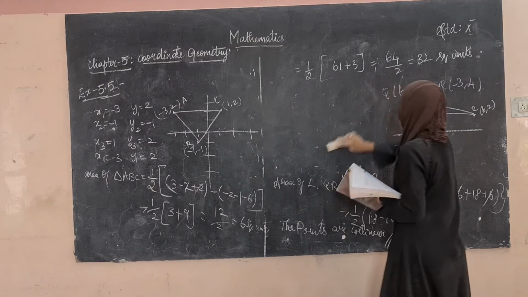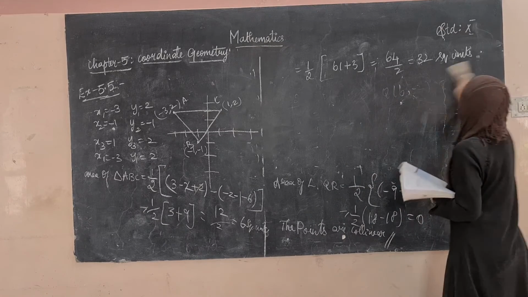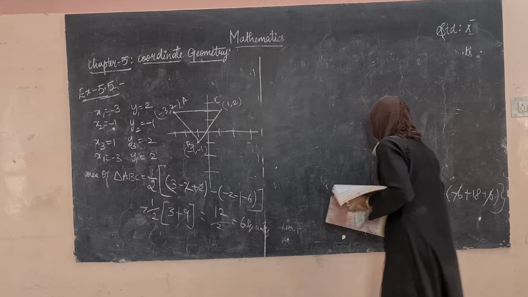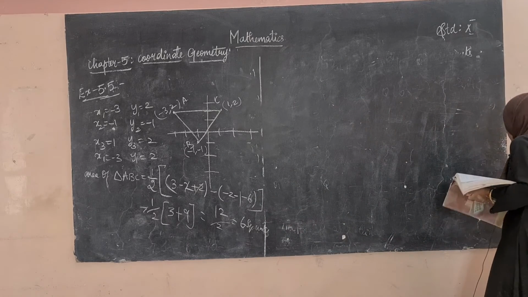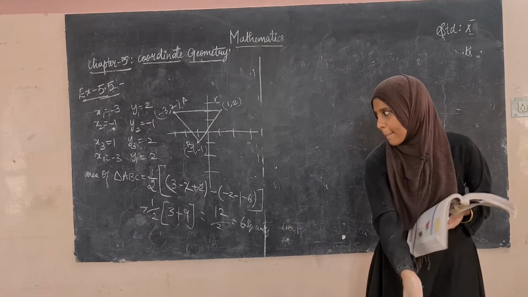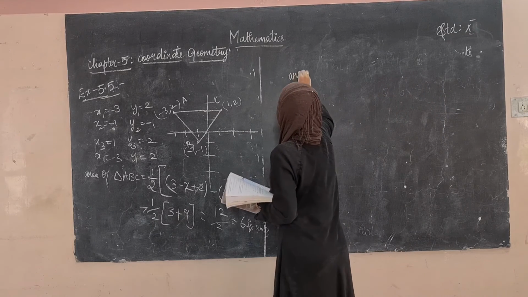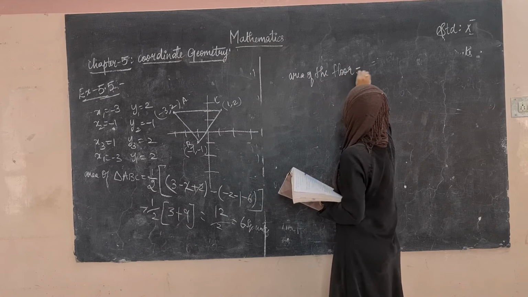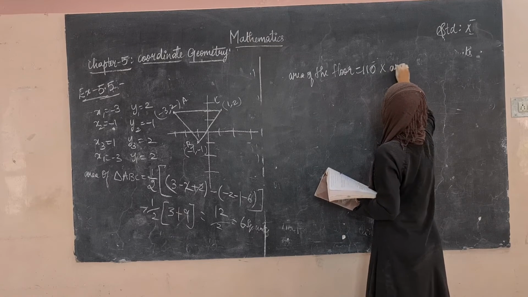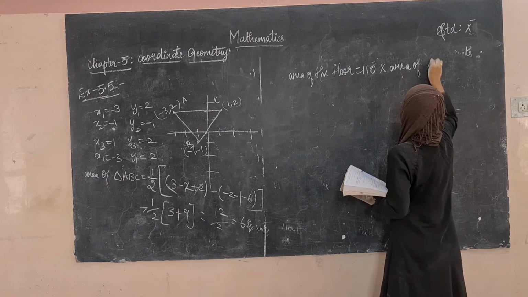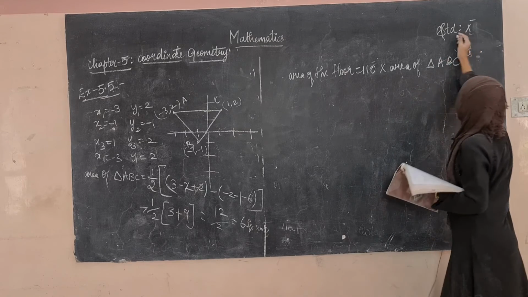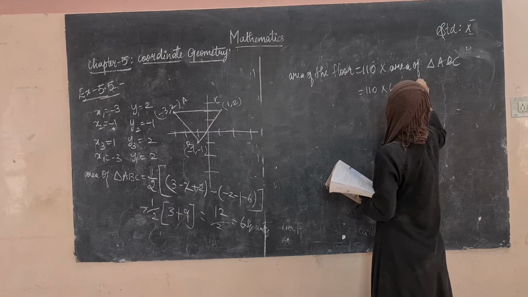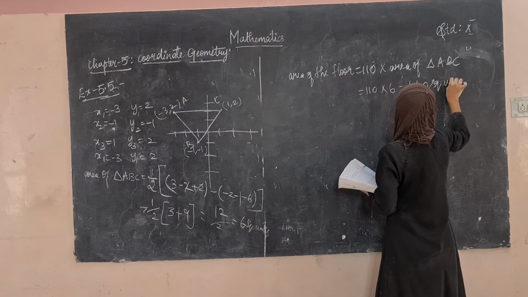So area of the floor will be equal to 110 into area of the triangle ABC, which is equal to 110 into 6, which is equal to 660 square units.